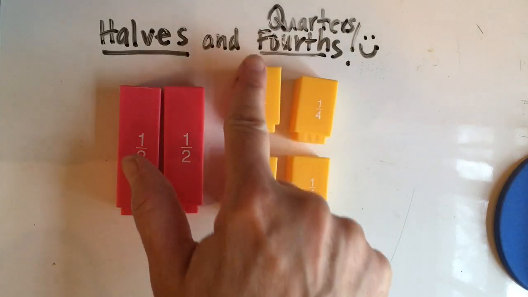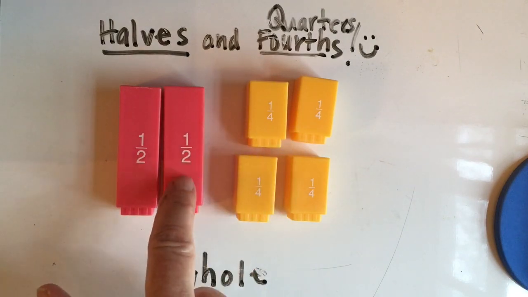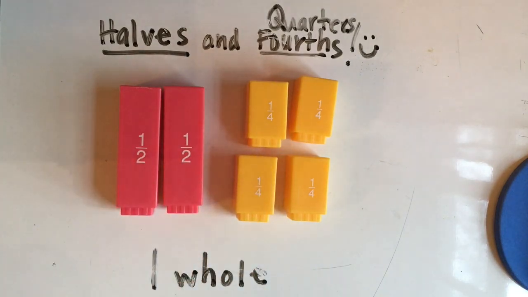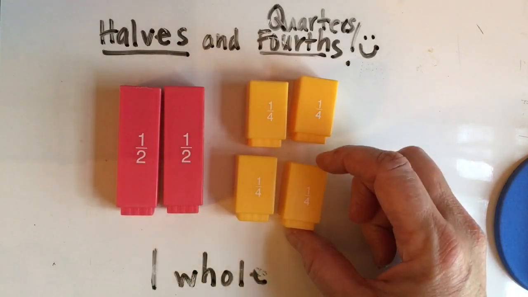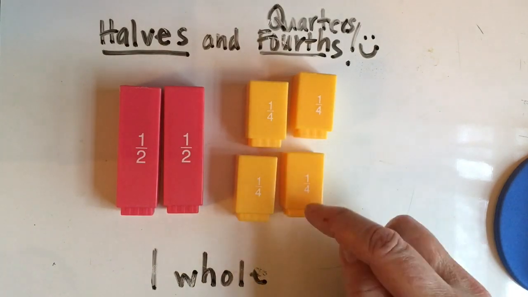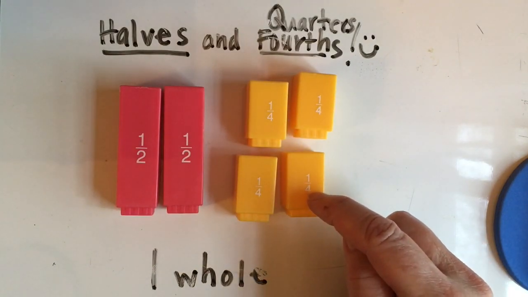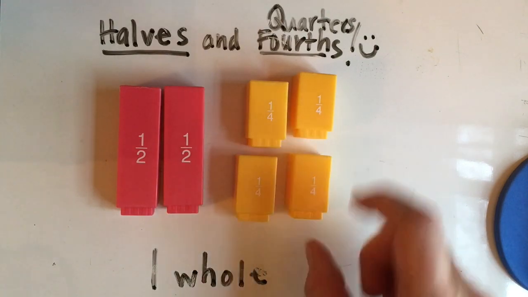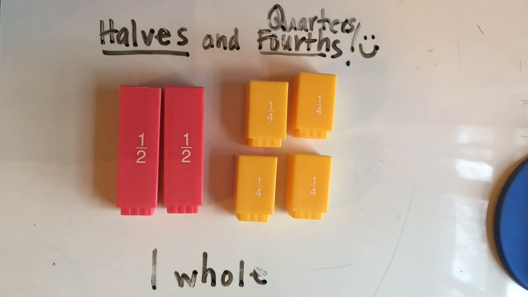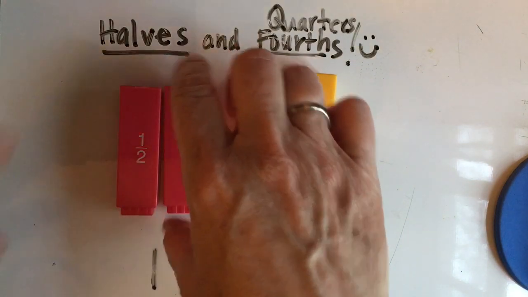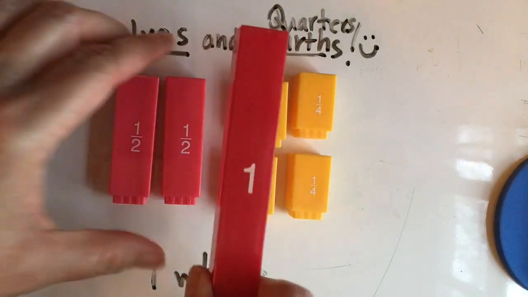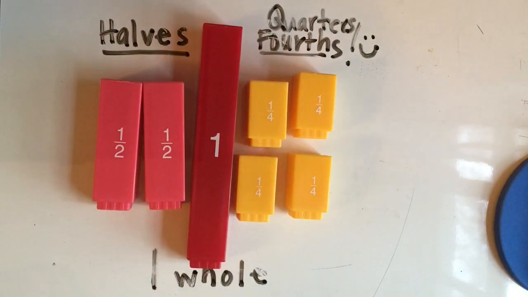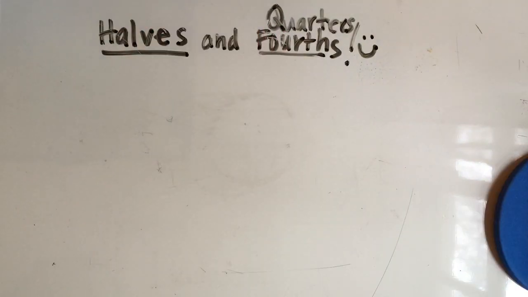Are you getting as much brownie as you got when you split it with just one person? No, your piece is smaller. So the more pieces you make of your whole, the more equal pieces there are, the smaller the pieces get. Because the whole thing is the same. There's our whole.